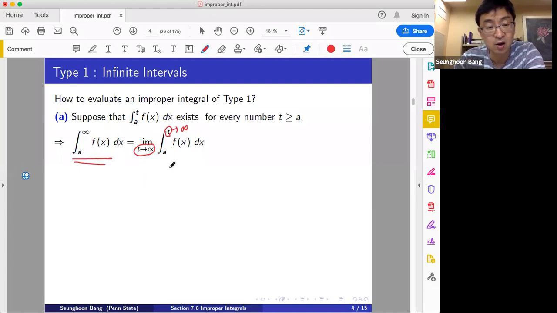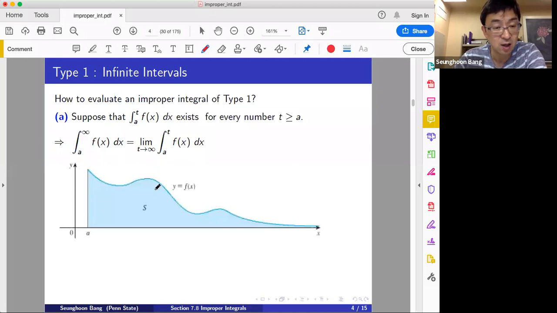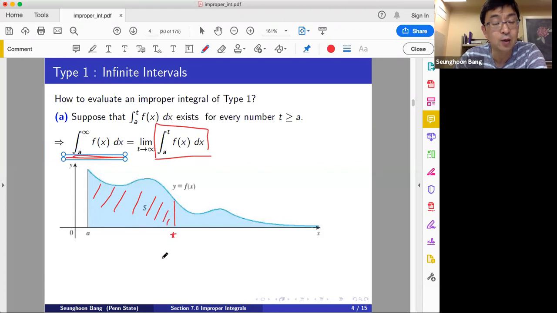What's the main idea? You can change it to the definite integral from a to t, and next take the limit. Does this make sense? Yes, it makes sense. This is exactly the area under the curve from a to infinity. You choose t, so the integral from a to t is the area under the curve from a to t.